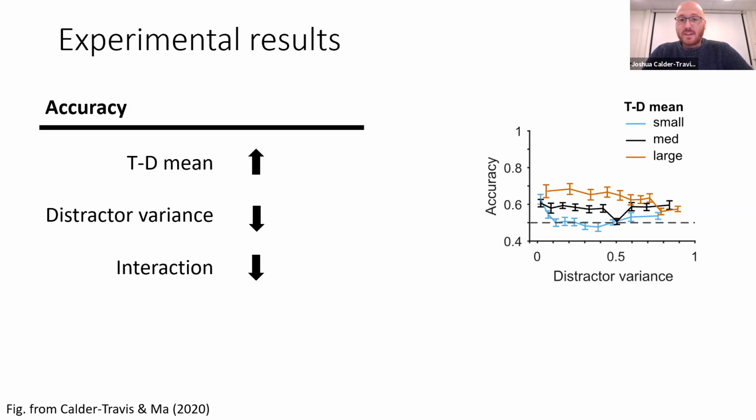As distractor variance increases, accuracy decreases, but there is also an interaction. So this all sounded quite like the Duncan and Humphreys story, but unfortunately the interaction doesn't quite match their picture.